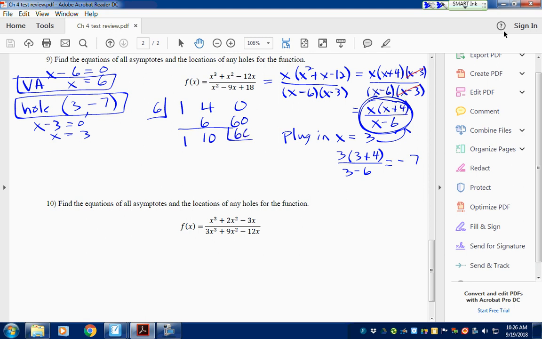We ignore the remainder and just look at the linear equation that's left over. So my oblique asymptote is y equals x plus 10. The vertical asymptote has 1 hole and then an oblique asymptote.